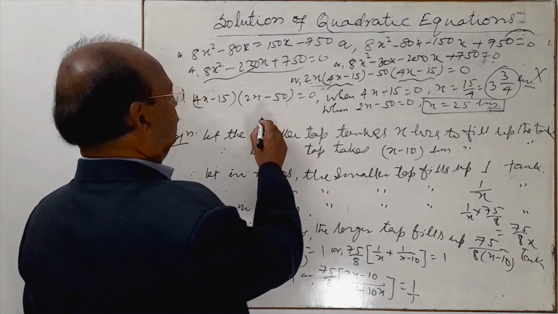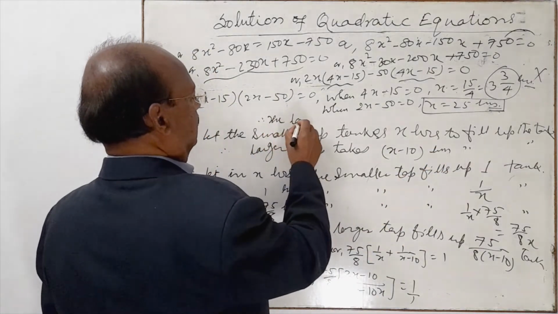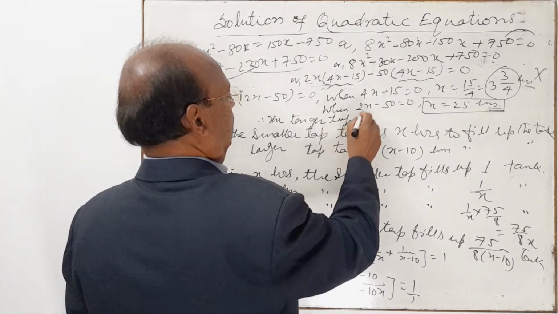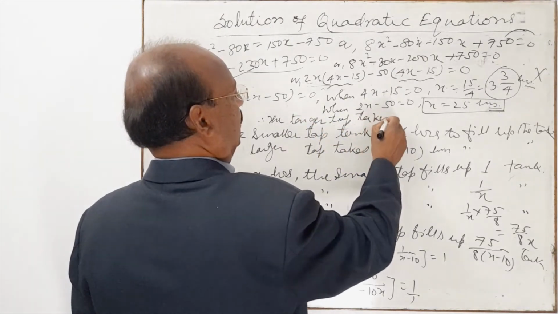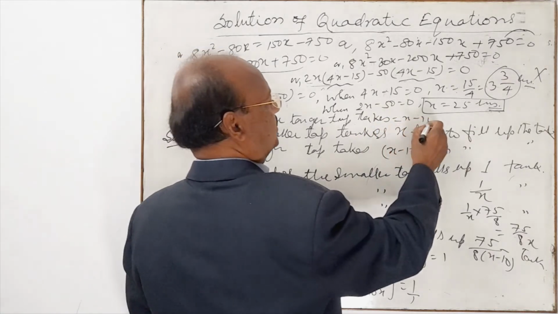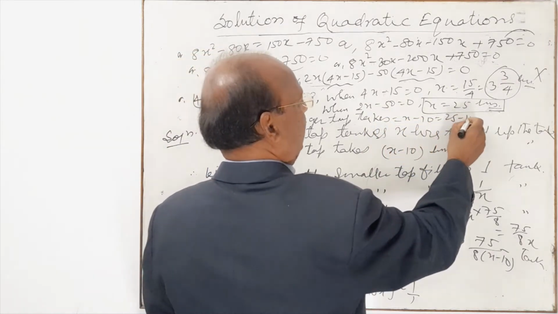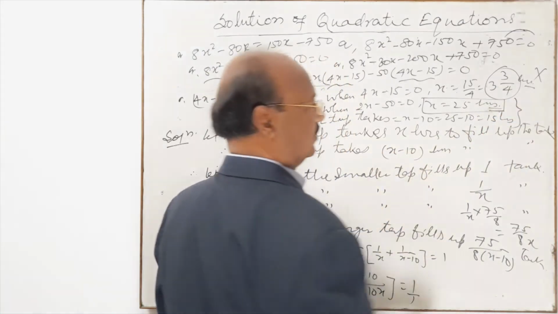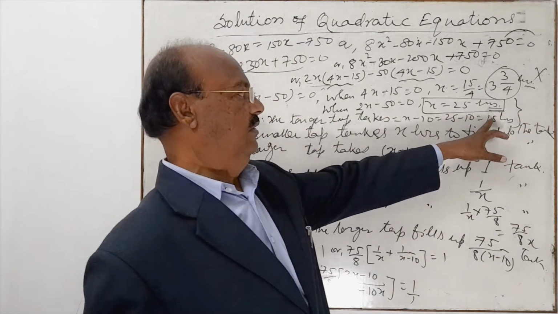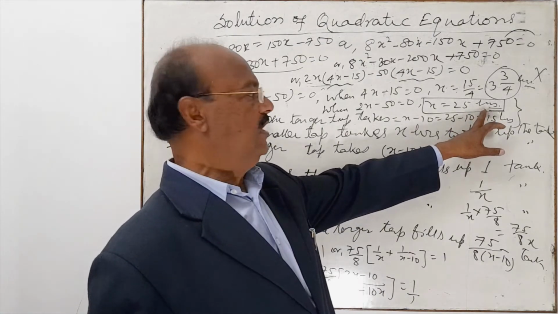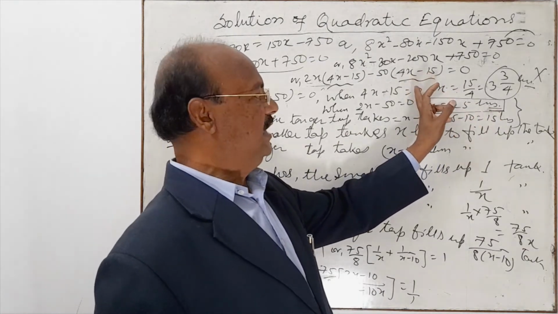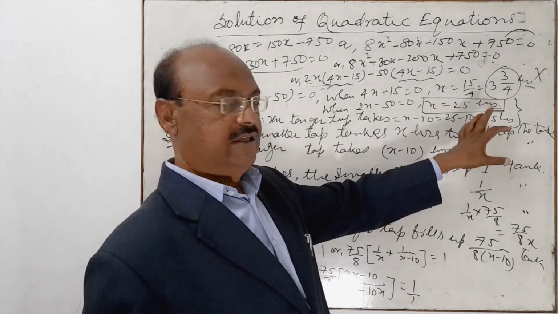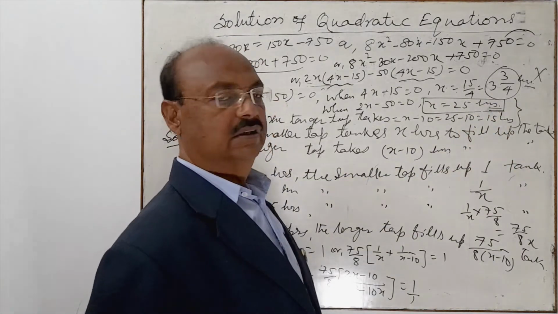So therefore the larger tap takes x − 10, which is 25 − 10 is equal to 15 hours. So this is the answer: 25 and 15. 25 hours is the time required by the smaller tap to fill up the tank, and 15 hours is the time required by the larger tap to fill up the tank.